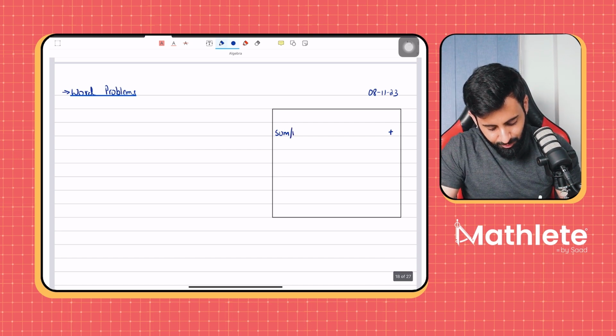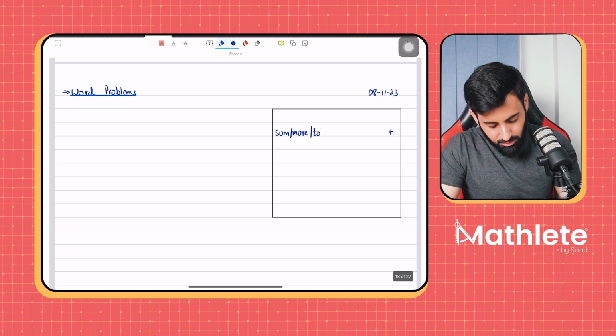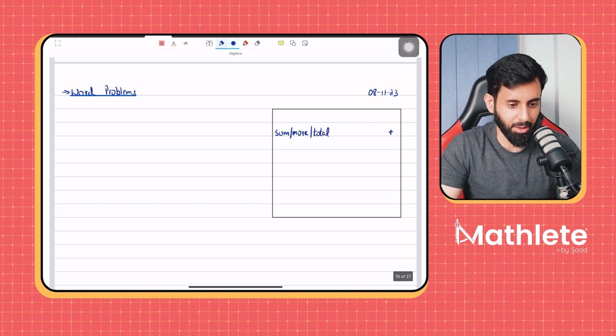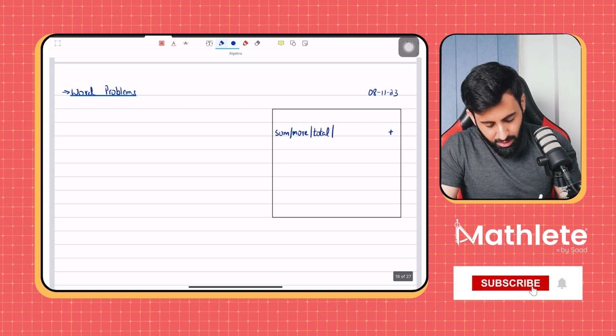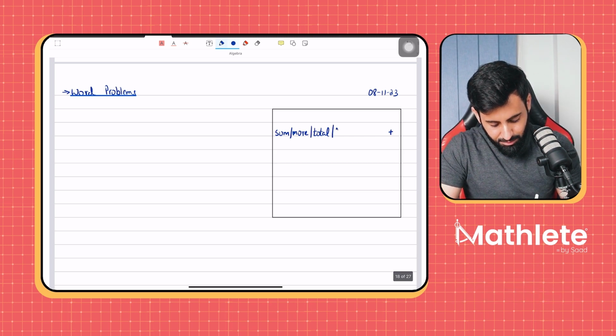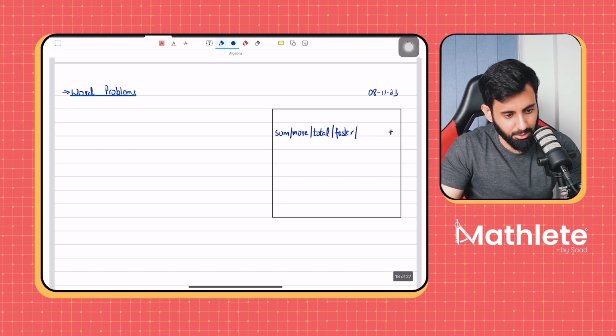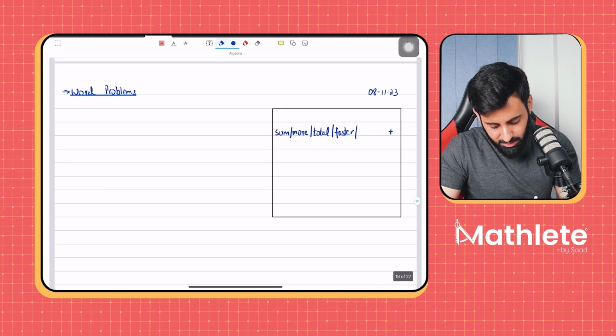For example, the word more, total, okay? So what do you do when you have to total something? You add, right? Or if you're talking about, let's say, a speed, distance, time-related question, then faster, okay? If you're talking about, let's say, just generally, quantity, then you might see the word greater, okay?